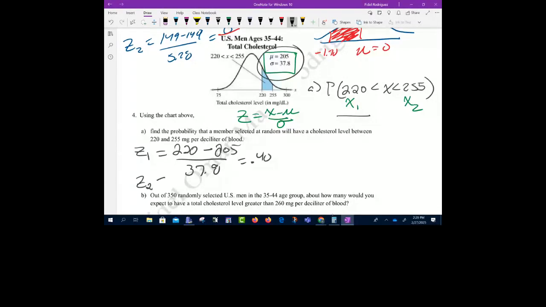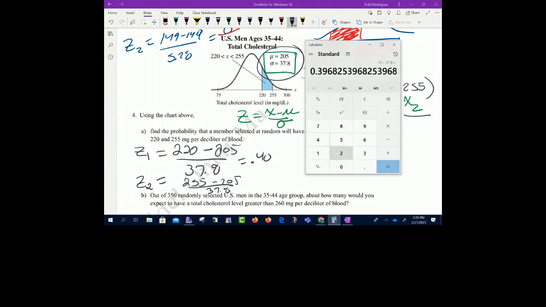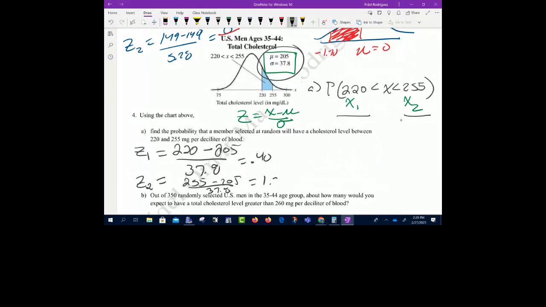Let's do our second z-score, okay? We're going to take our X2, which in this case was 255. 255 minus 205 and divide it by 37.8. So let's do this. 255 minus 205 divided by 37.8. What do y'all think? 1.32, 1.33? 1.32, excellent.